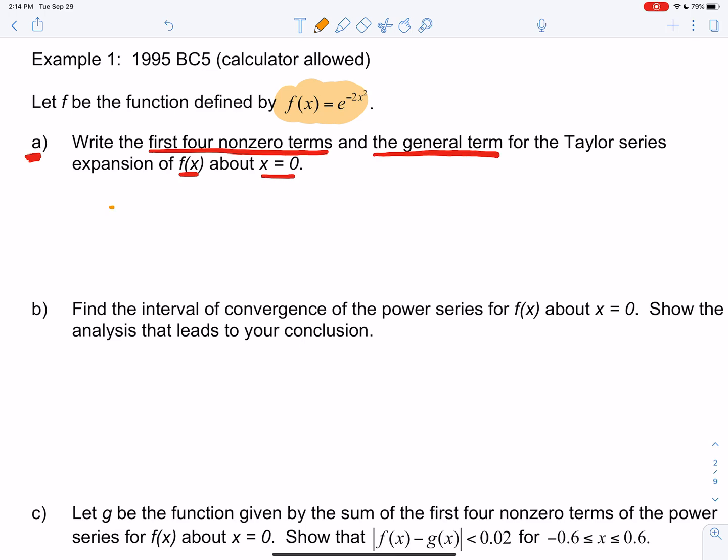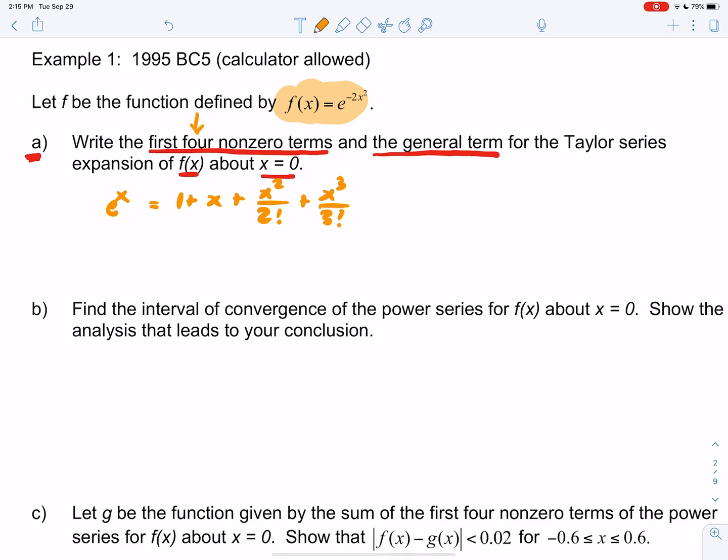So we know that e to the x can be expanded out to, and this is where you want to pause and see if you can recall the expansion for e to the x. Press play whenever you're ready. So remember, e to the x is everything, right? So it's going to be 1 plus x plus x squared over 2 factorial plus x cubed over 3 factorial, and so on, right?